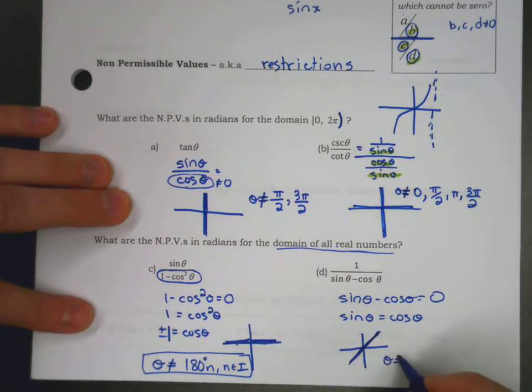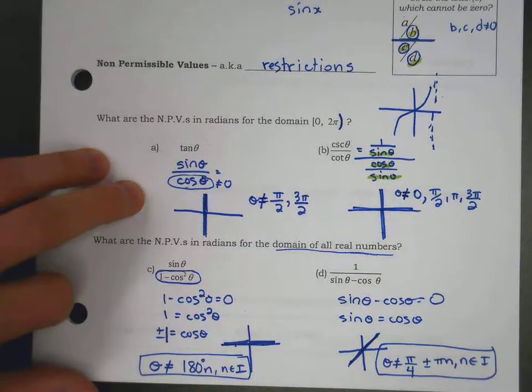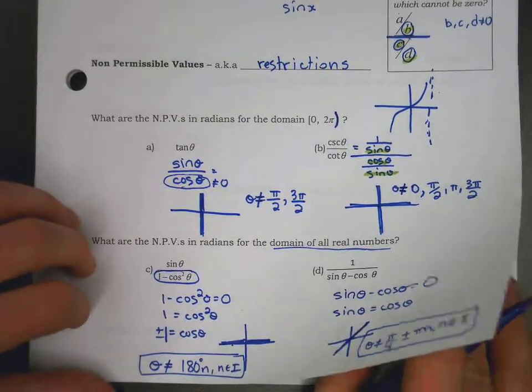So we can say that our angle is not allowed to be, I'll do this one in radians, 45 degrees and every 180 degree multiple. So pi over 4 plus pi n, where n is an integer. And this is, again, a restriction, not a solution. So restrictions are a little bit unique.